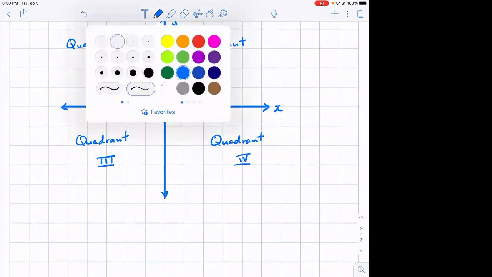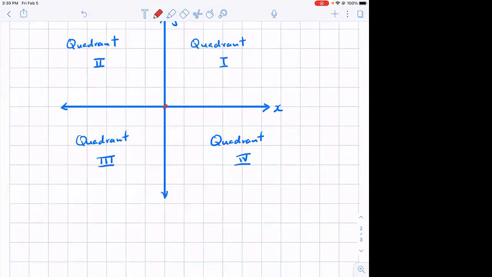And this point where the two lines intersect is what we call the origin. That point is where x is 0 and y is 0. It's called the origin.